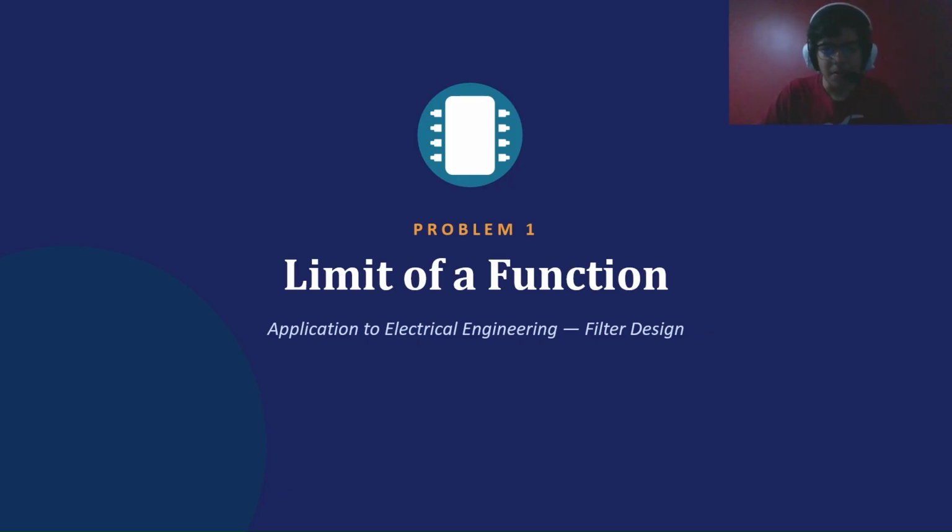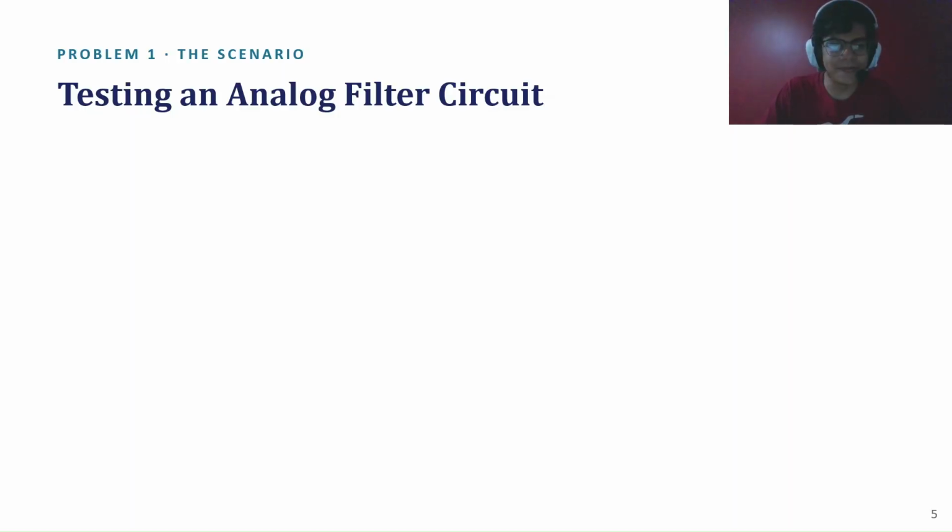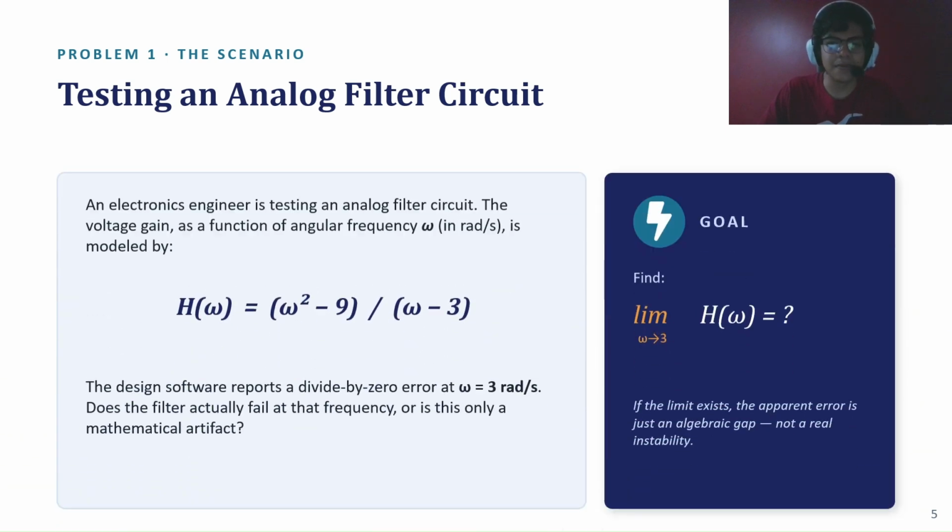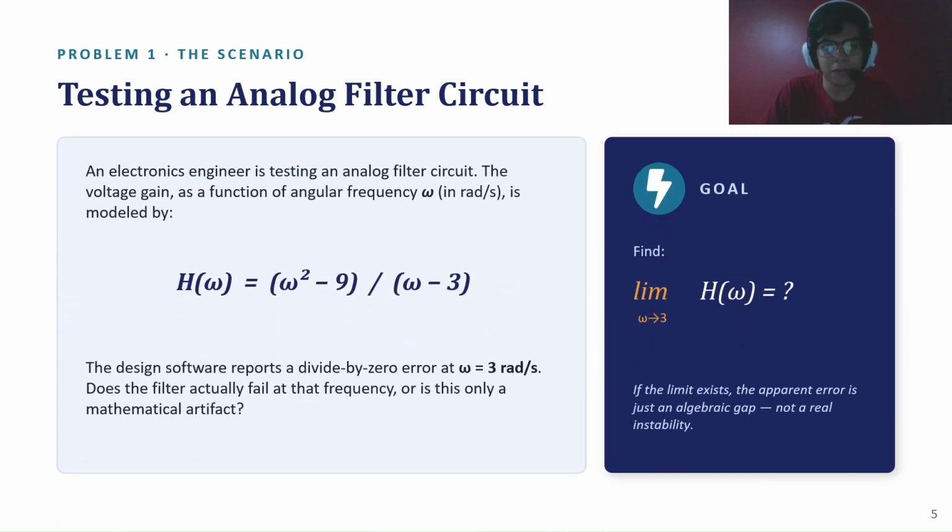That is problem one, limit of a function. Application to electrical engineering, filter design. We need to start by testing an analog filter circuit. We need to read the blue part.